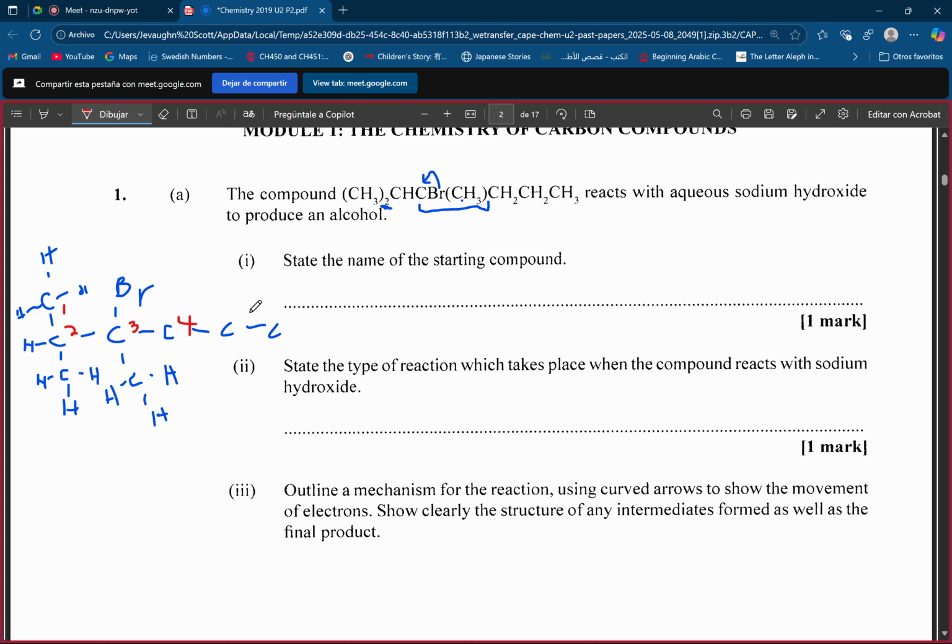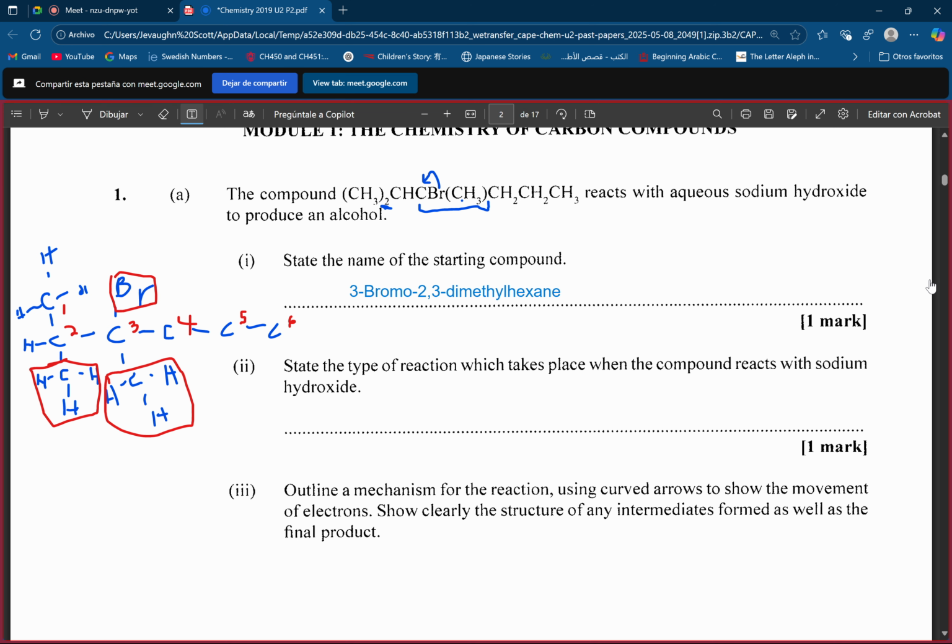And the longest carbon chain contains six carbons. So what is it called? It is 3-bromo-2,3-dimethylhexane.